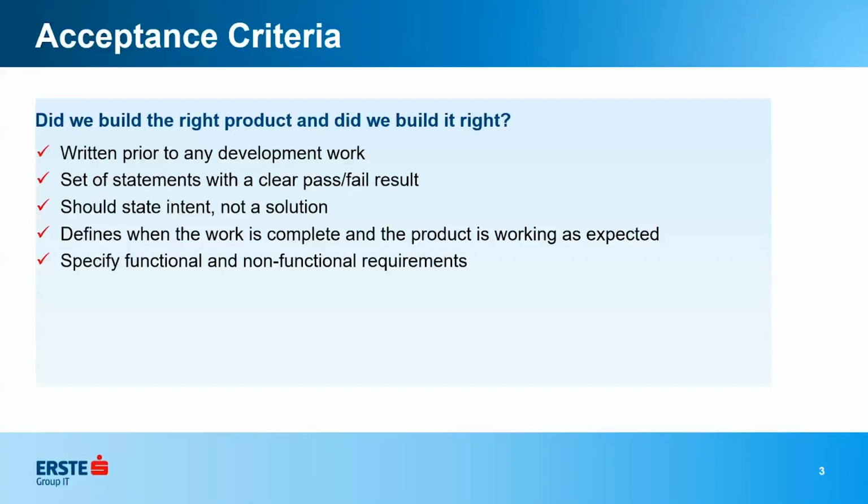And they specify functional and non-functional requirements. And I'll say that for the non-functional requirements, there's a little caveat to this, because the non-functional requirements in a story would be things that your particular team can test. So non-functional requirements would be like speed, accessibility, security, things like that.